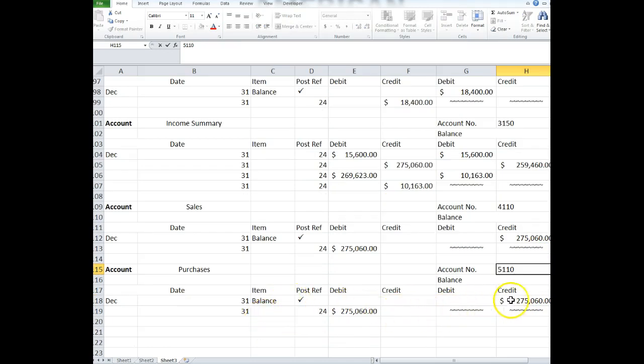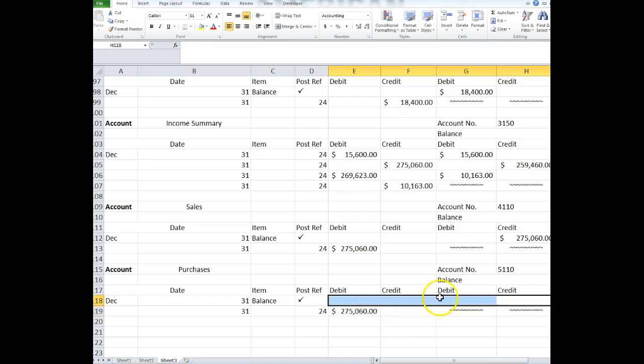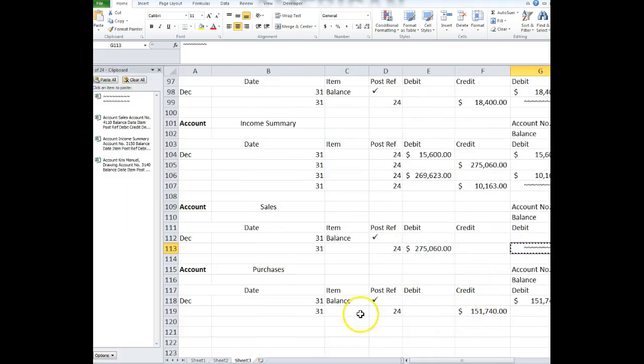The balance for the purchase is 151,740. So then debit, credits, cancels.